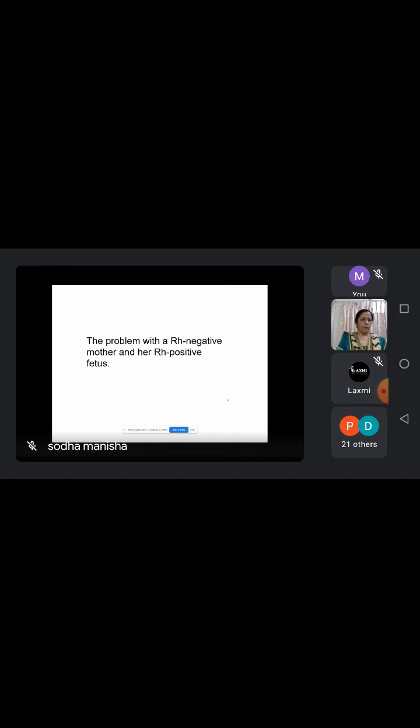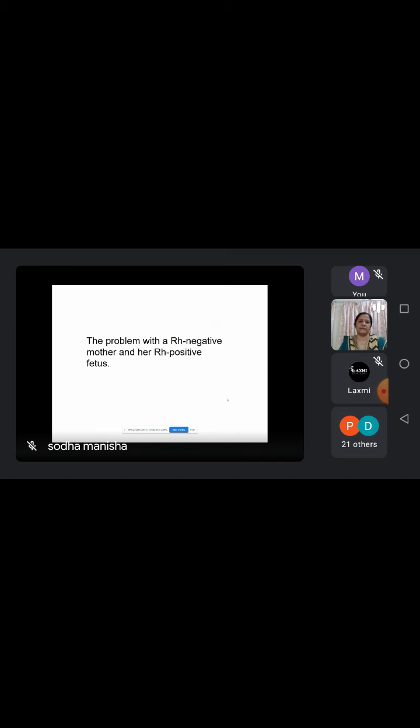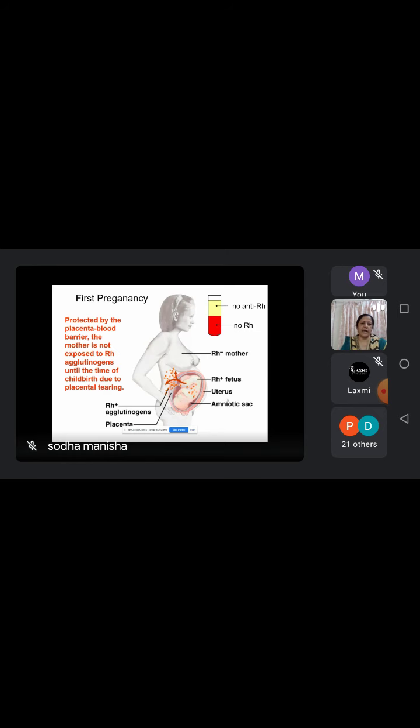Okay, now what is the problem with Rh positive and Rh negative in the mother and fetus? That case we'll discuss. This is the case of an Rh negative mother and the fetus is Rh positive. Mother is Rh negative, but the fetus is Rh positive.